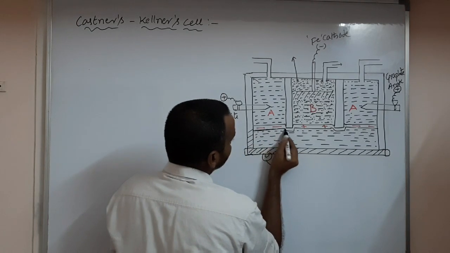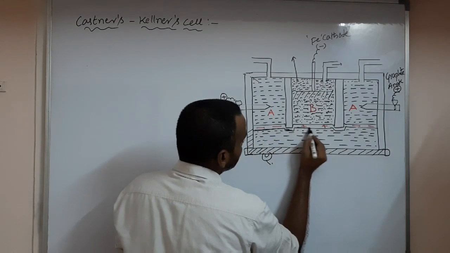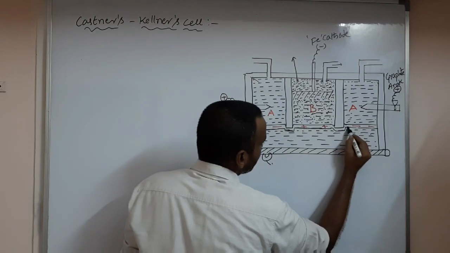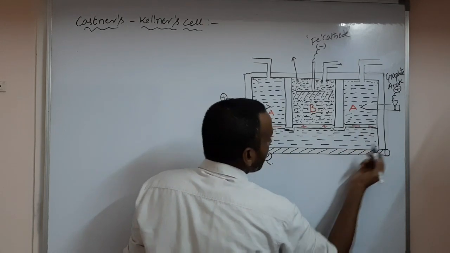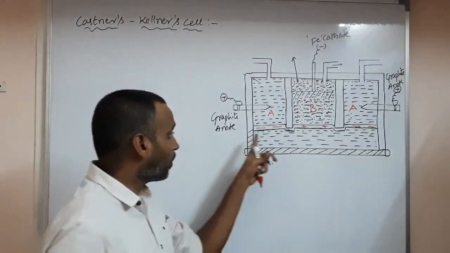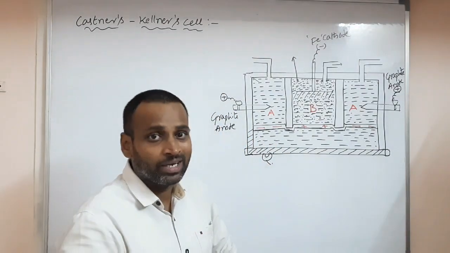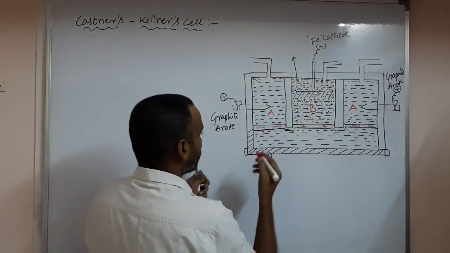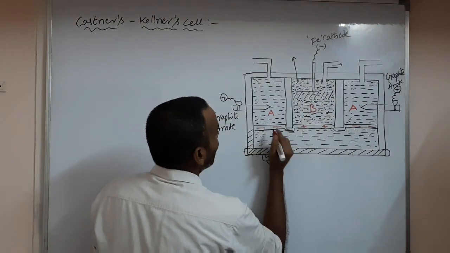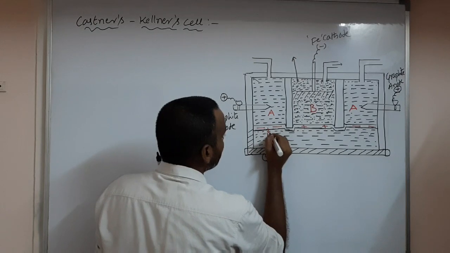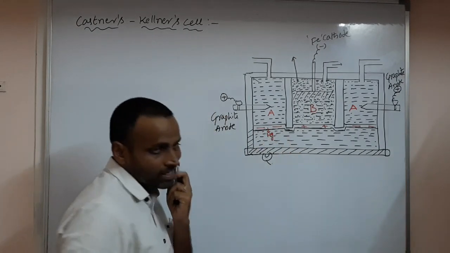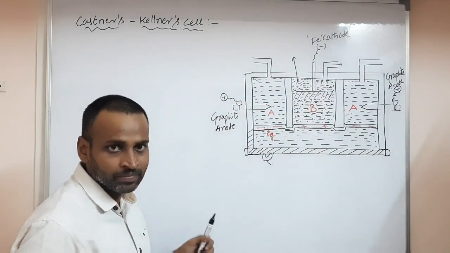In the middle compartment as well as the outer compartments, at the bottom you have mercury, symbol Hg.